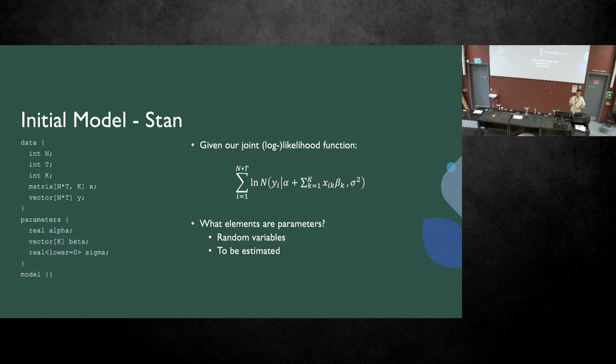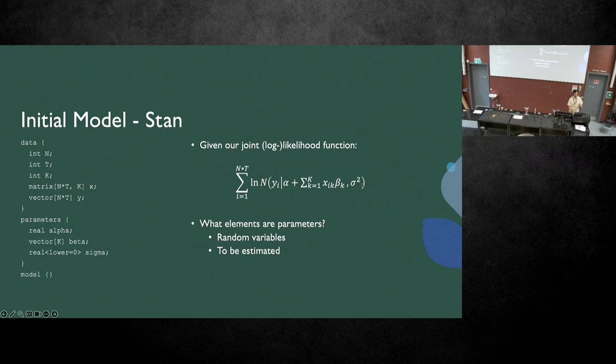sigma here. In the model, what does sigma represent, sigma squared? Yes, not in a Bayesian sense, but yes, there is uncertainty.